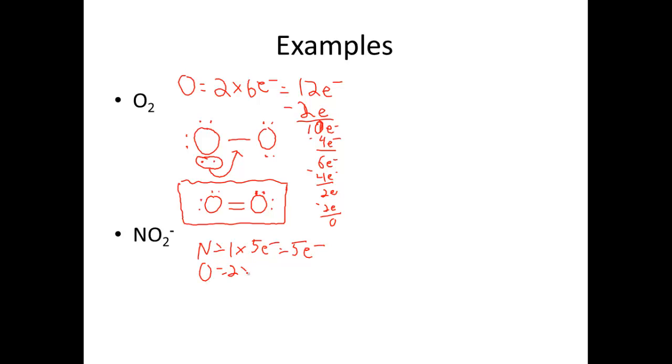Oxygen, there's 2 oxygens, 6 outer electrons is 12 electrons, but we have that negative, so we're going to gain 1 electron from that negative. So in the end, we are going to show 17, 18 electrons.